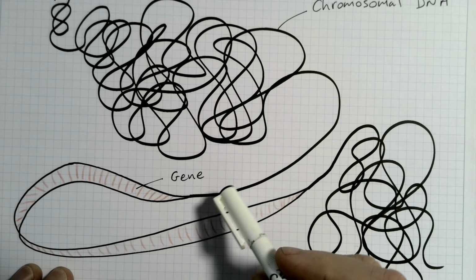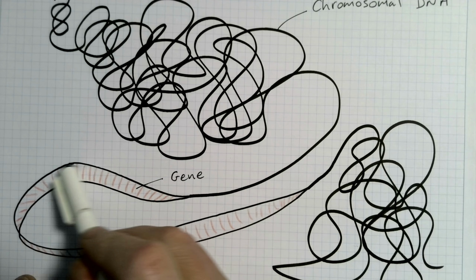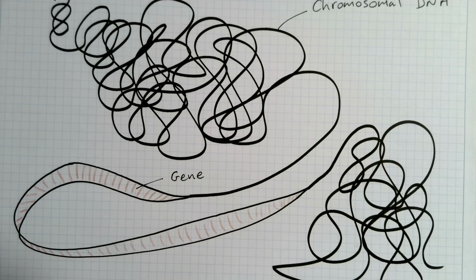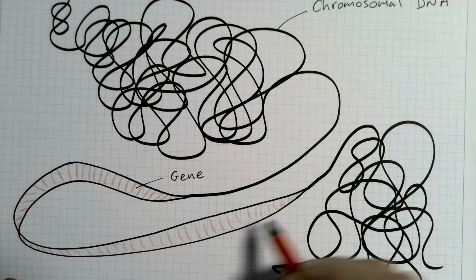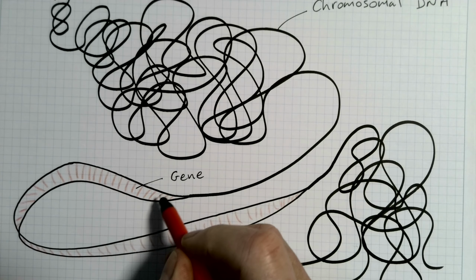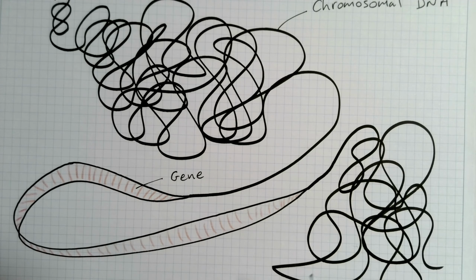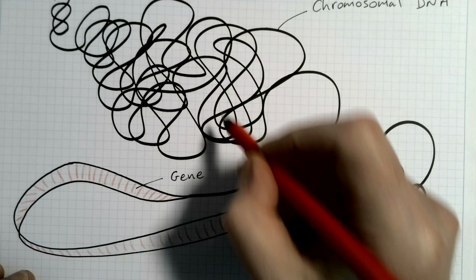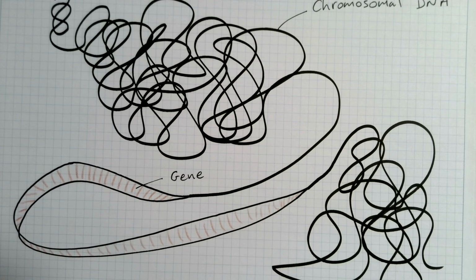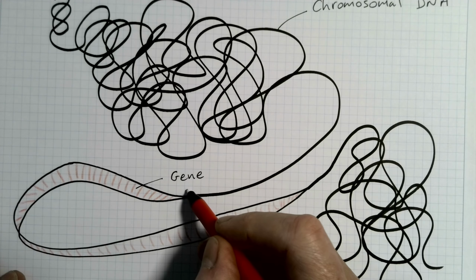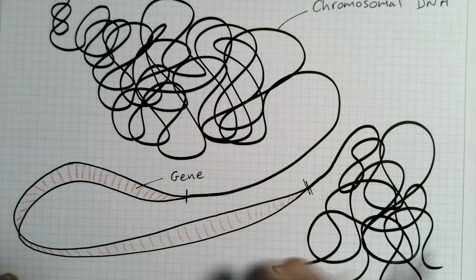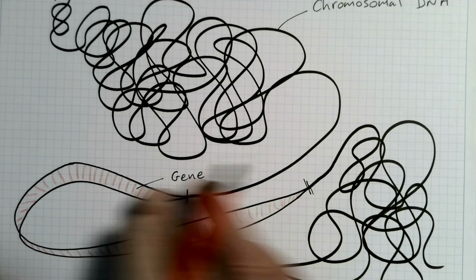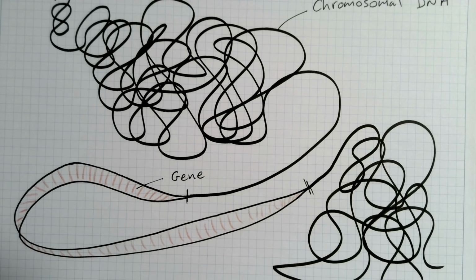But every now and then, there are bits of the chromosome that contain the DNA that can make proteins, and that bit of DNA that can make proteins is called a gene. So up here, maybe none of this area has the code for making proteins, whereas this little bit here, between here and here, has the code for making, in this case, maybe a small protein.